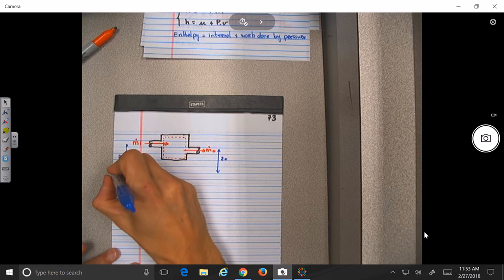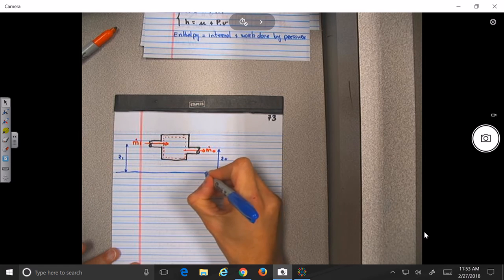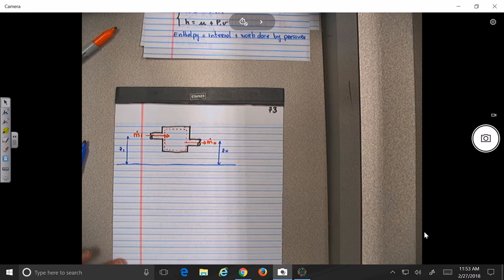So basically what I'm trying to put here is potential energy, okay? Give you some time to do the figure.